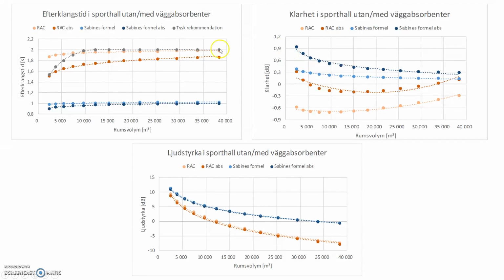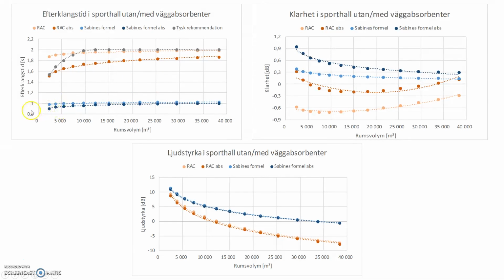For clarity and for sound strength, we have the same plot, but without the German recommendation, because the German recommendation only took into account reverberation time. So what is the conclusion? We see that there is a clear volume dependence on each of these parameters.